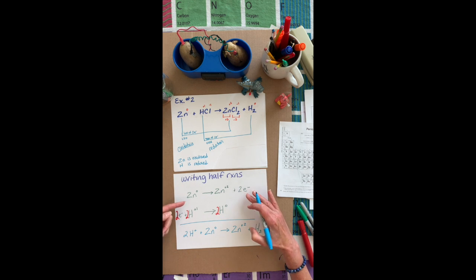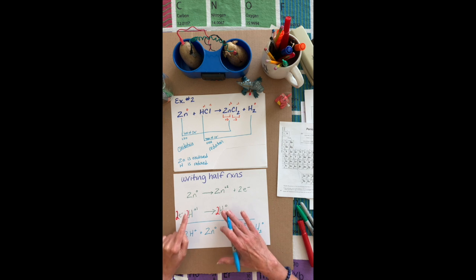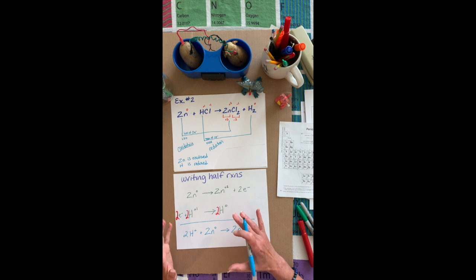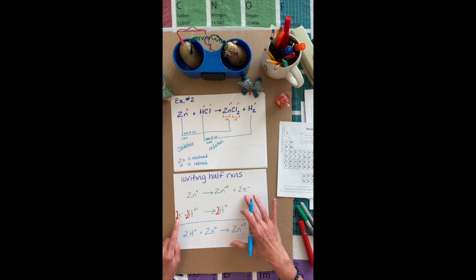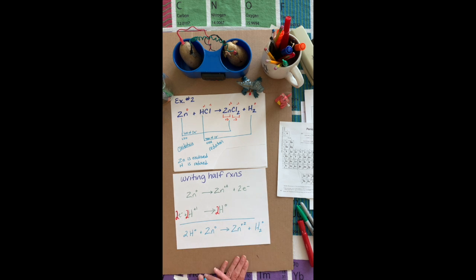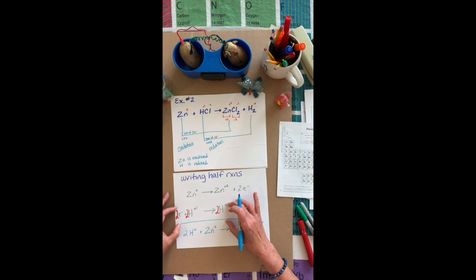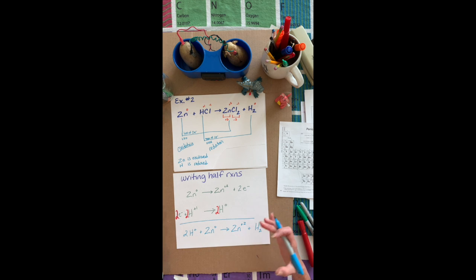We then write half reactions where we're only dealing with the species that had changes in oxidation states because we're tracing these electrons. And ultimately, we balance the half reaction by making the charge equal. And sometimes you have to multiply one of the half reactions, as in this case. And then I can summarize it all right here.